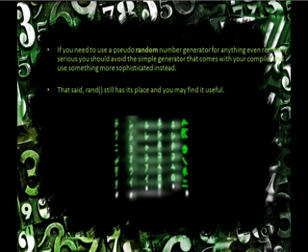If you need to use a pseudorandom number generator for anything even remotely serious, you should avoid the simple generator that comes with your compiler and use something more sophisticated instead. That said, rand still has its place and you may find it useful.